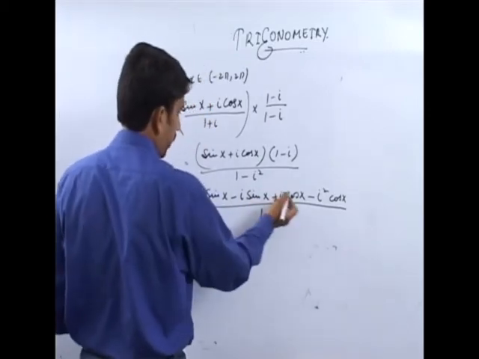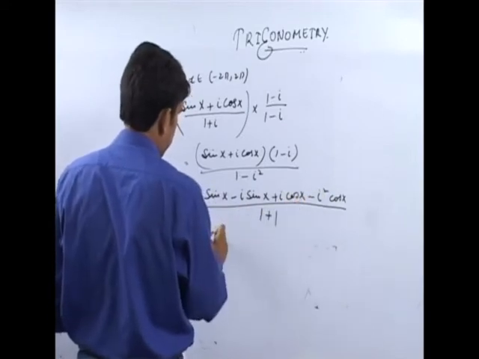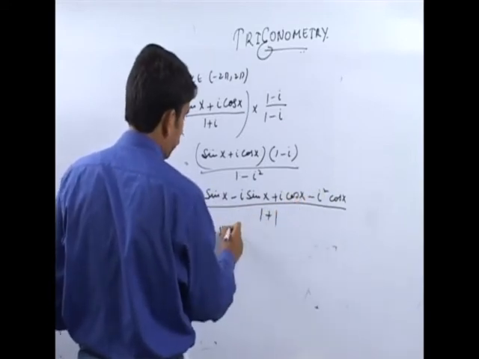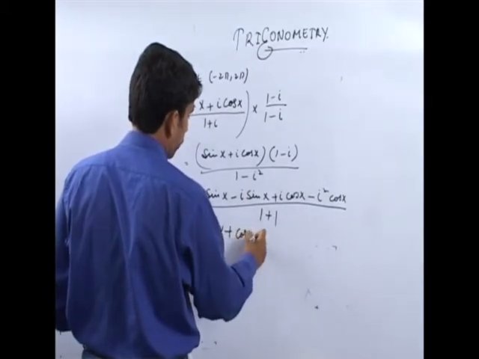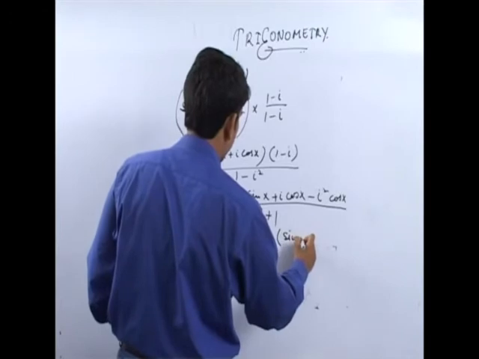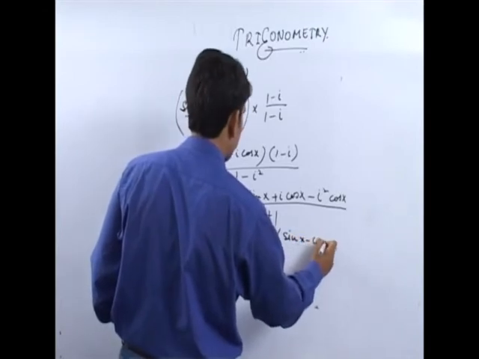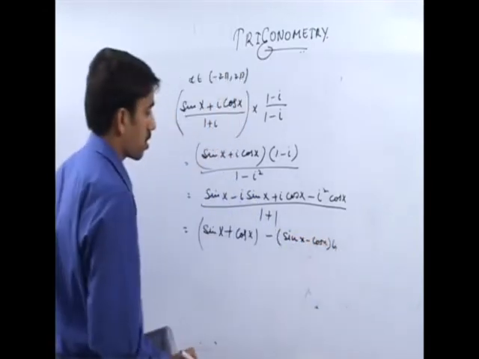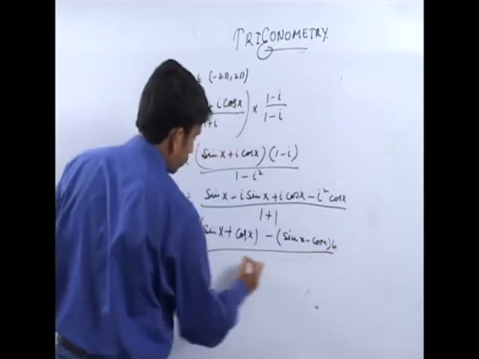Now if you take the terms without iota and with iota separately, we get ((sin x plus cos x) plus (cos x minus sin x) iota) over 2.